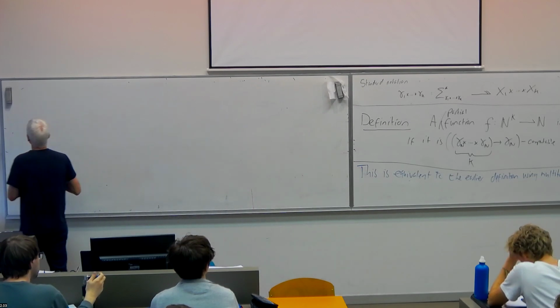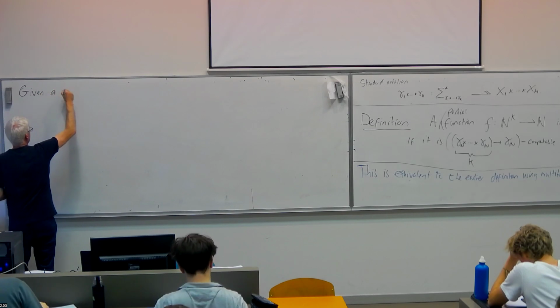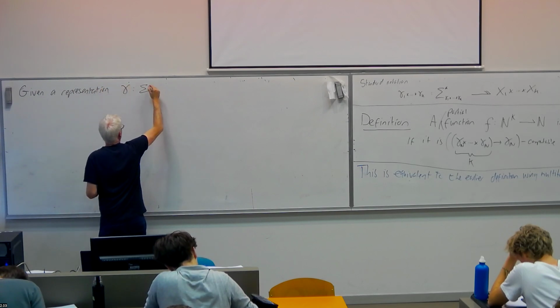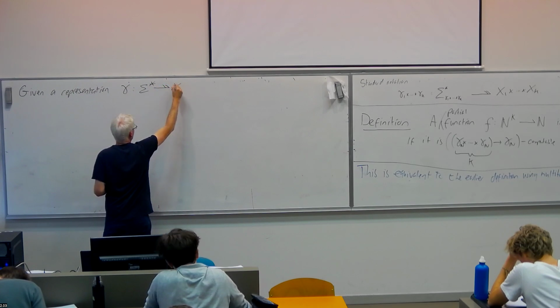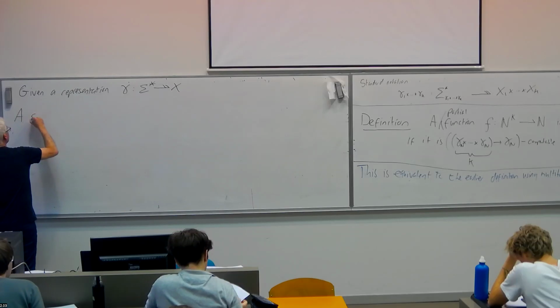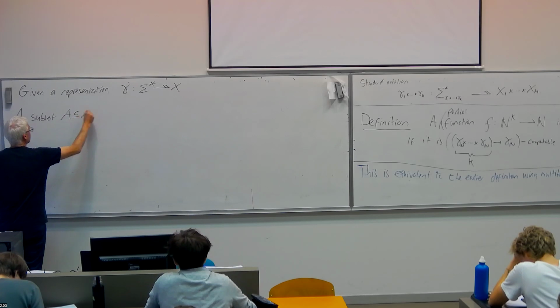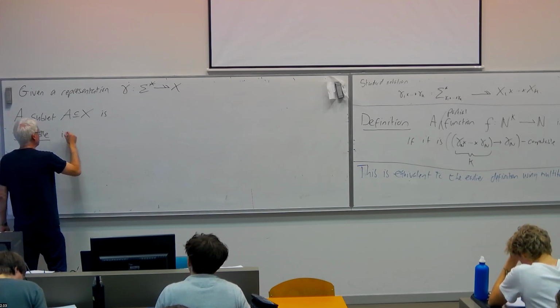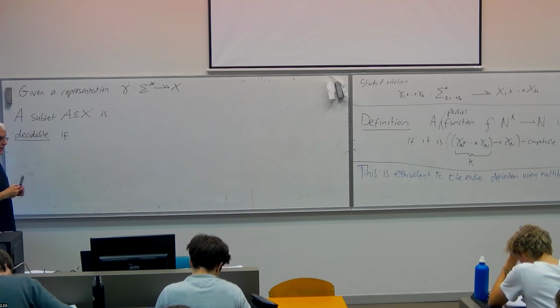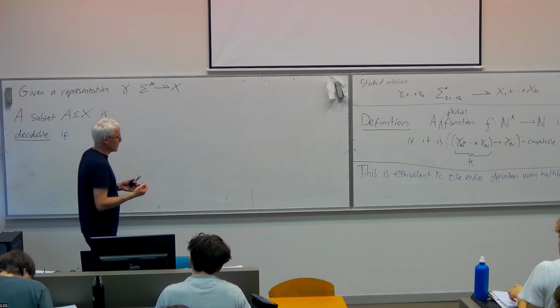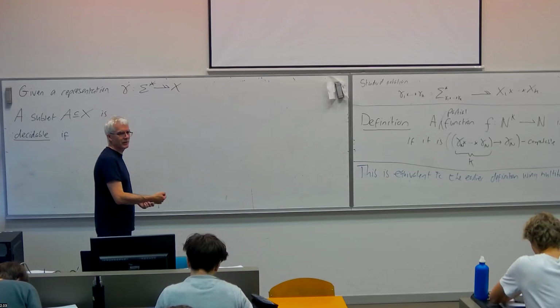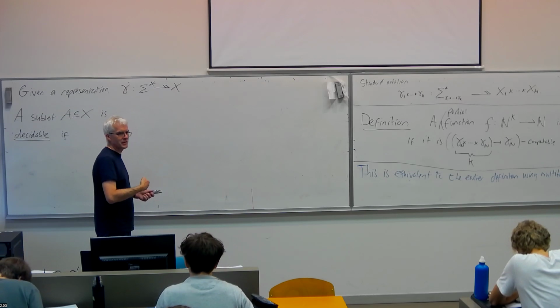So given a representation, a represented set, let's call it gamma with alphabet sigma, and we're representing the set X. A subset A of X is decidable if, well, to decide a language, we needed a Turing machine that inputs a word and then either goes into an accept state if the word's in the language, or a reject state if the word's not in the language.